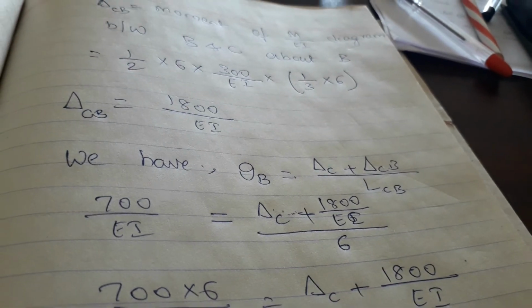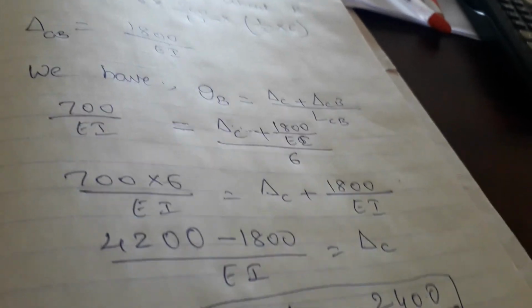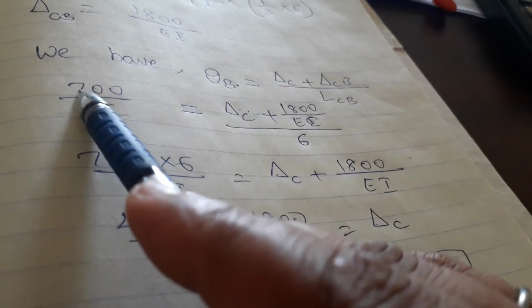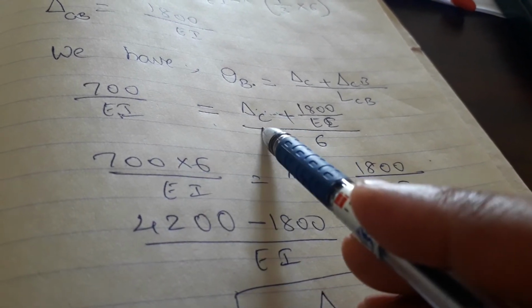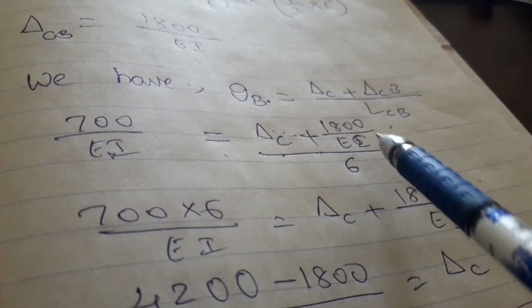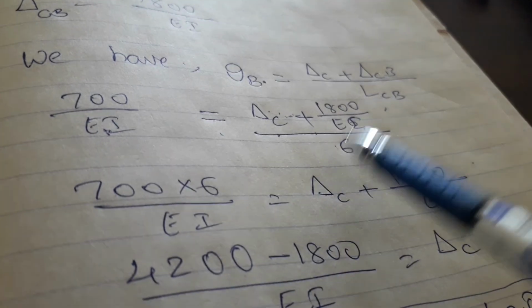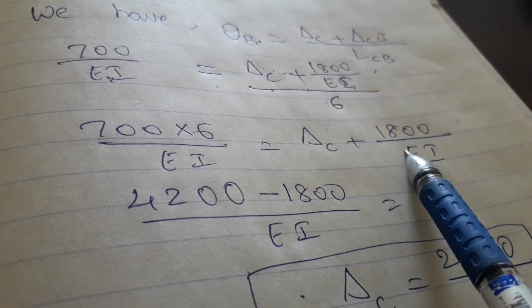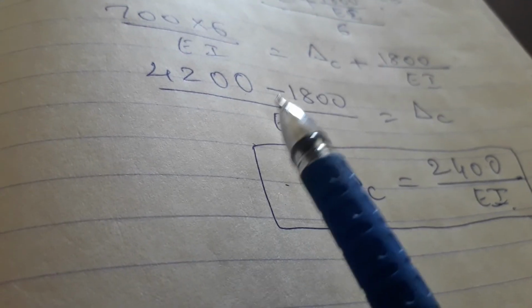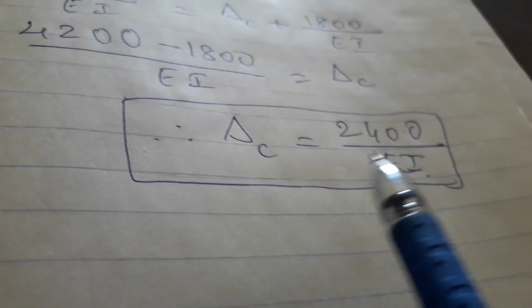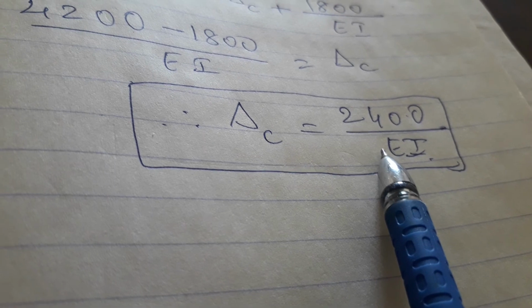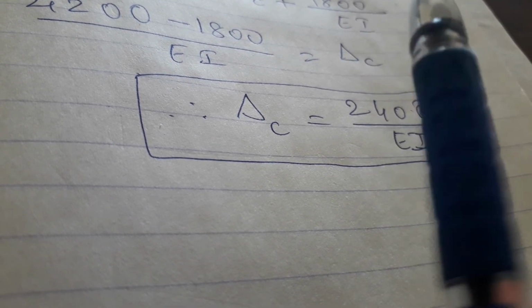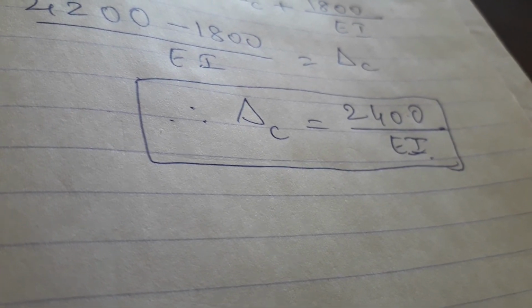So we need to calculate delta C. To calculate that, substitute for theta B. Theta B is 700 by EI, which is equal to delta C plus delta CB, which we calculated just now, 1800 by EI, over LCB. Take this to this side, you get 700 into 6 by EI, and finally delta C is 2400 by EI. So this we have to remember. Thank you.